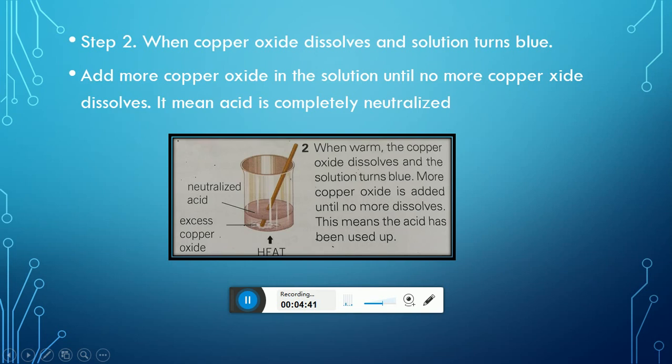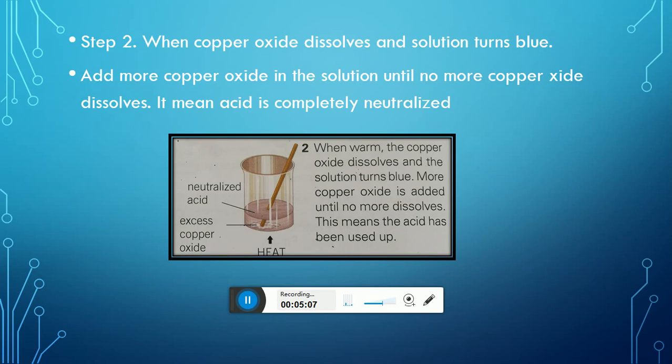When the solution turns blue, we further add more copper oxide until no more copper oxide dissolves. It means the solution will be completely neutralized, the acid will no longer behave as an acid.